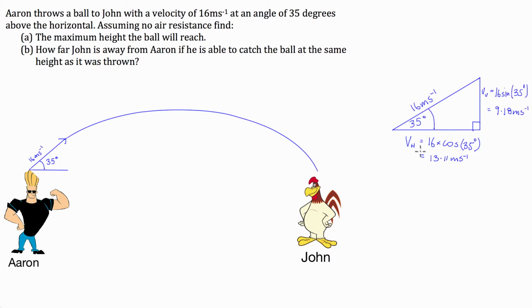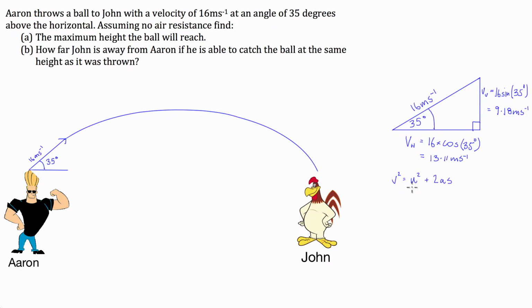Okay, so from here, we can then use this vertical velocity to find the maximum height the ball is going to reach. So we're looking for that point there. So what we're going to use is the equation v squared equals u squared plus 2as.